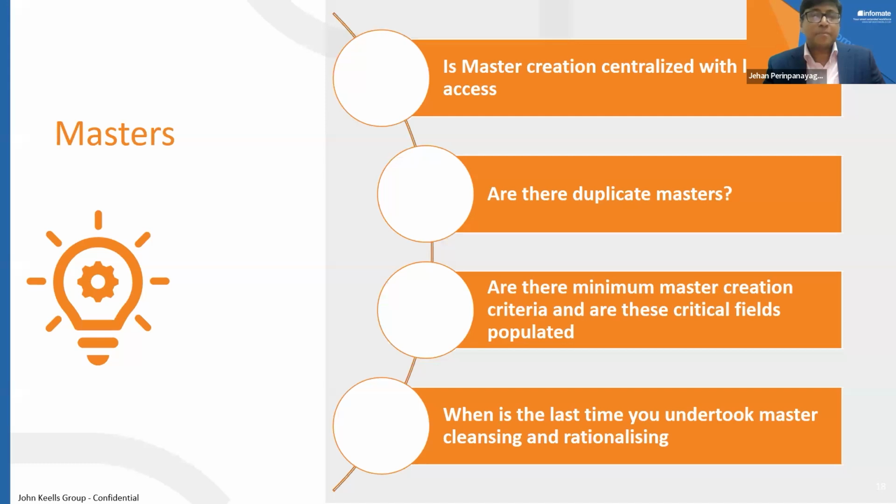Everything starts with the masters: your GL masters, customer, vendor, material masters. So is your master creation centralized with limited access, or does everyone have access? Otherwise, you'll very quickly end up with duplications. Check for duplications. Believe me, if you have not looked at it, you're going to have a lot of duplicate masters.